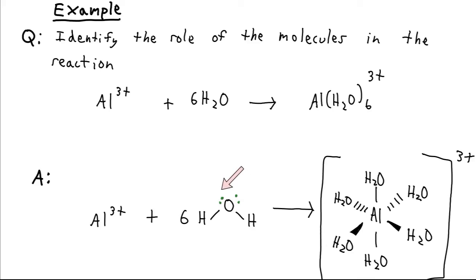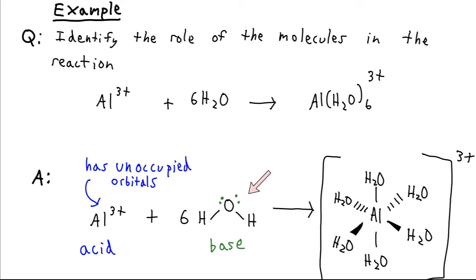So we have our water with 2 pairs of electrons that it can donate, and we have our aluminum with some empty orbitals. And we get this weird complex with 6 water molecules, all associated with the aluminum.